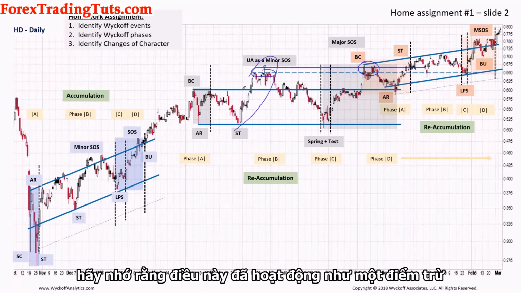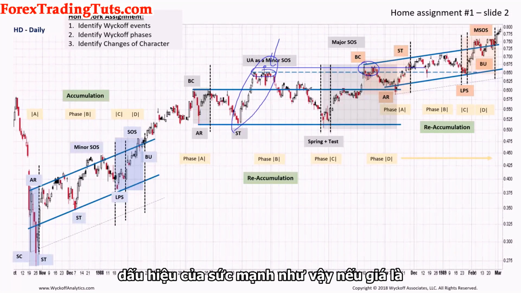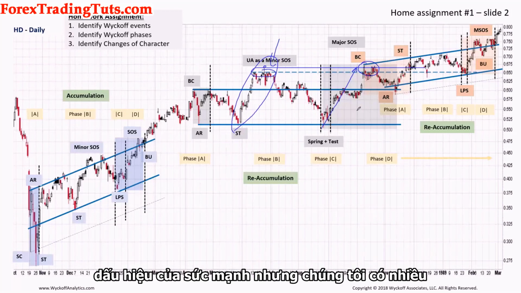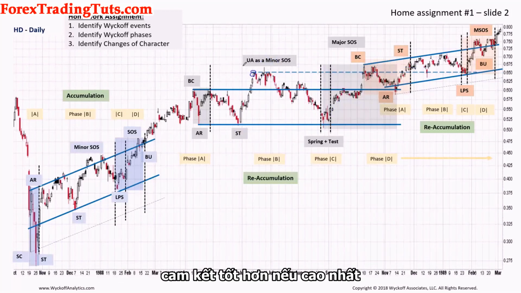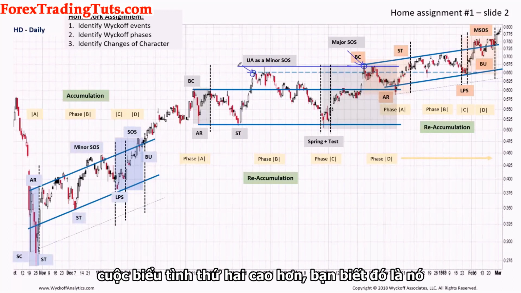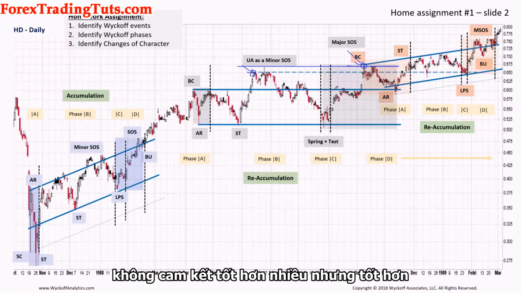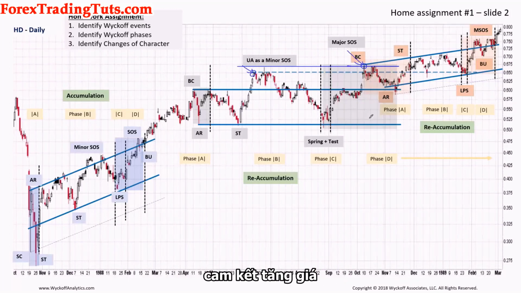But remember, this already acts as a minor sign of strength. So if the price is going to come to the same level, that's at the minimum already a minor sign of strength. But we have a much better commitment. If the highest commitment was here, then the highest commitment for the second rally is higher. It just definitely shows a not much better, but a better commitment to the upside.